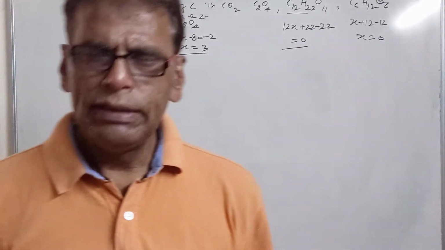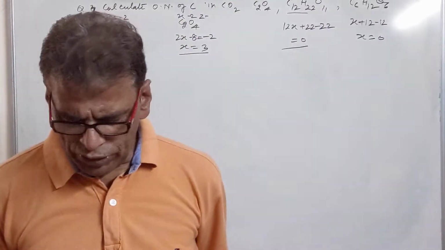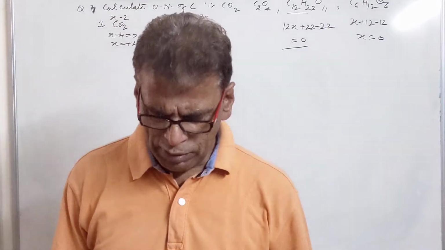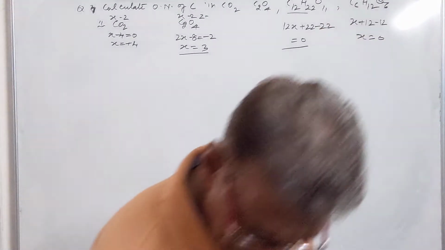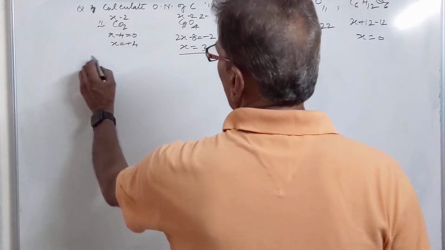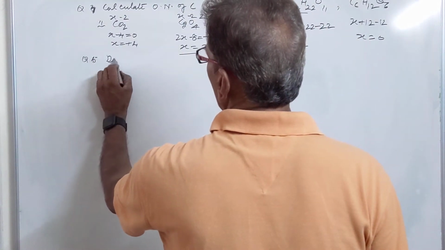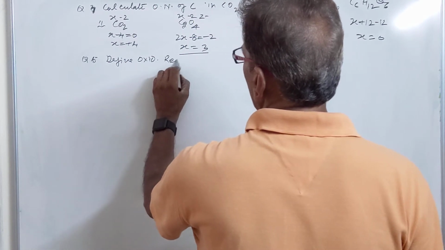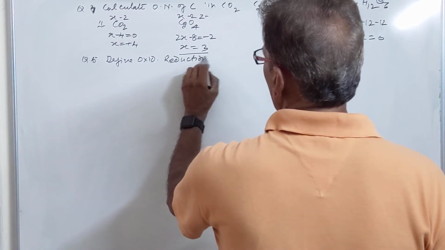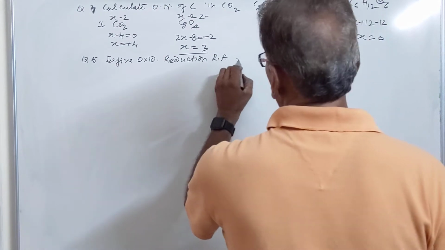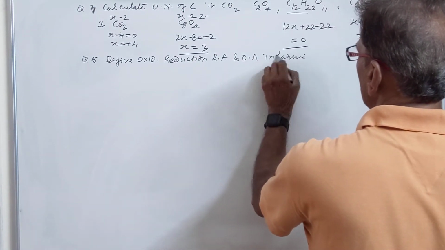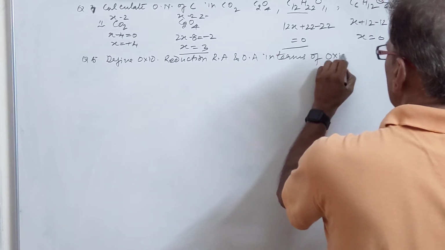Then we discuss another concept of oxidation and reduction on the basis of oxidation number. So this is our next question. Define oxidation, reduction, reducing agent and oxidizing agent in terms of oxidation number.